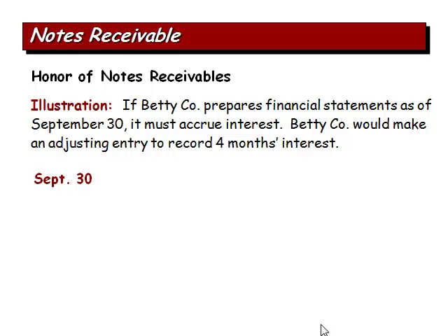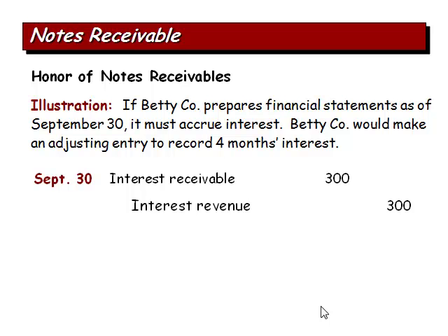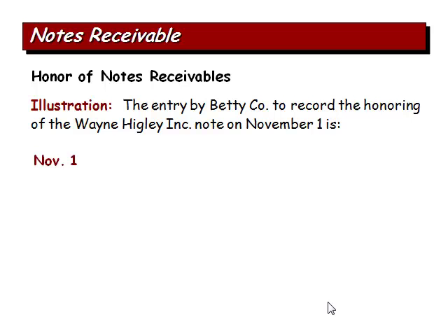So if Betty Company prepares financial statements as of September 30th, it must accrue interest. Betty Company would make an adjusting entry to record 4 months of interest. So 4 months of interest there would be a debit to interest receivable 300 and credit interest revenue for 300. Again, we take the $10,000 times the 9% times 4/12ths to do that calculation.